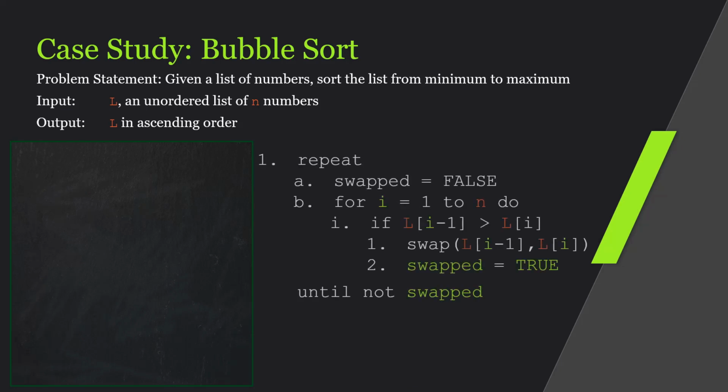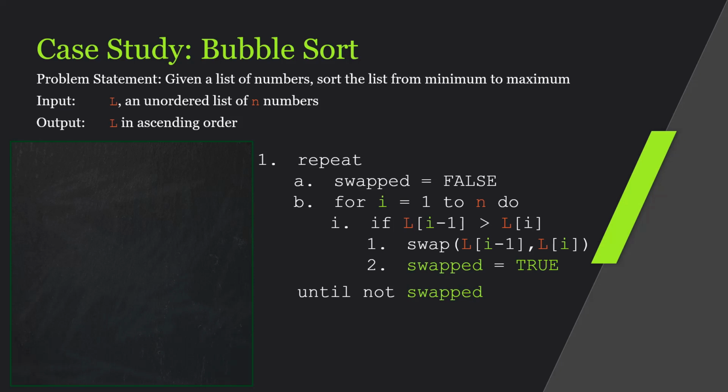Now that we've walked through the steps, let's take a look at what an algorithm form of this might look like. So here we want to repeat until we haven't performed a swap. So basically we want to keep going through until there has been no swap. So we have a variable called swap. We're going to set it to false. And then again, we want to loop from the beginning of the list to the end of the list.